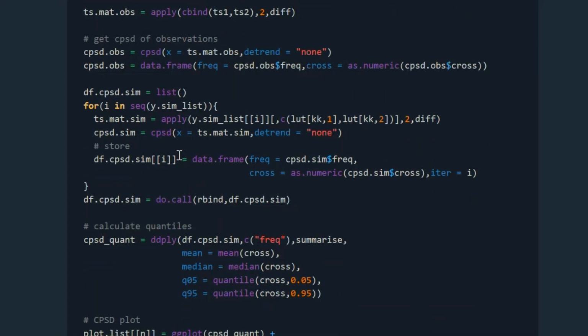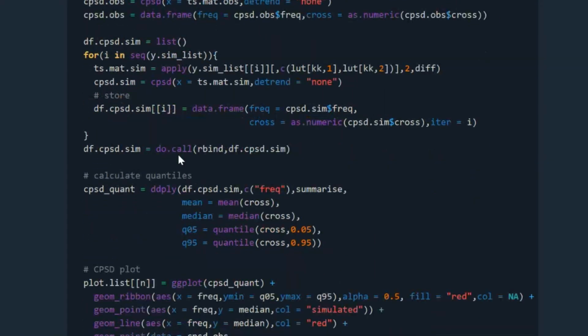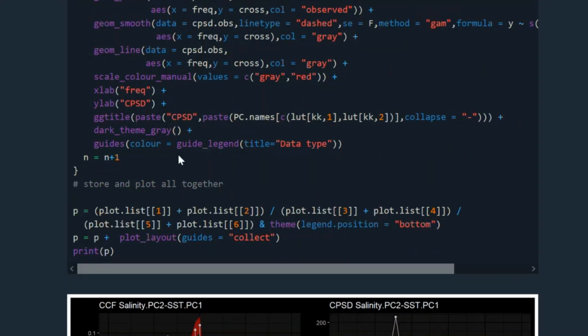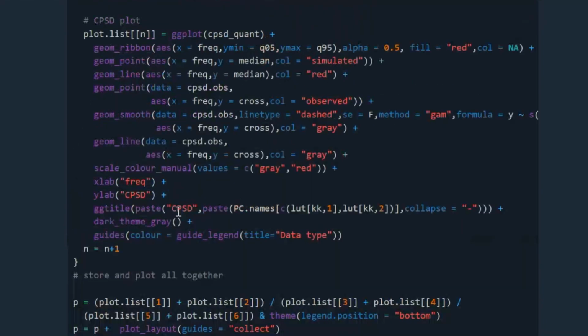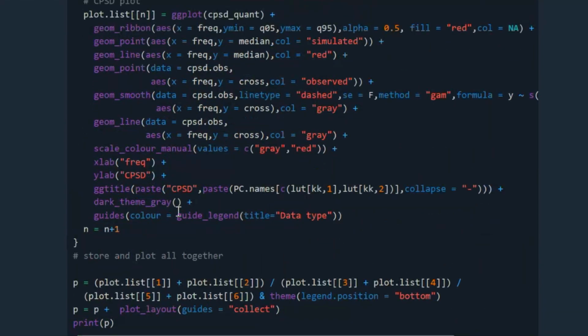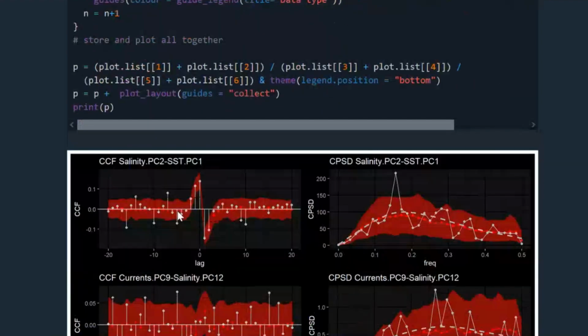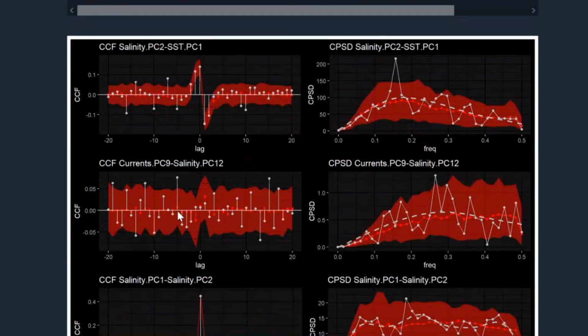And yeah, I plot all these different types and combinations. Here I only picked out specific ones, but here you see the cross correlation function, for example, for PC2 of salinity and SST PC1.